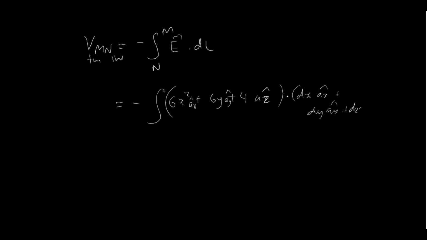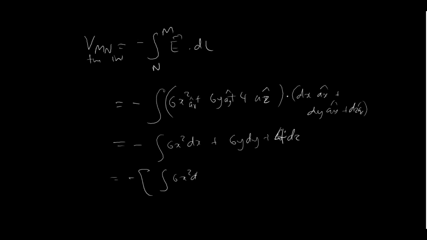So that will be minus of integral 6x square dx plus integral 6y dy plus integral 4 dz.